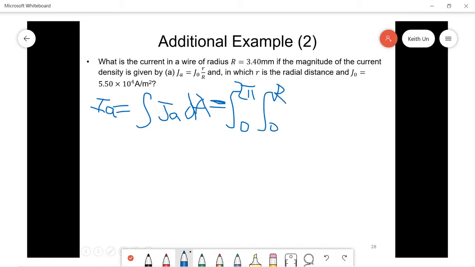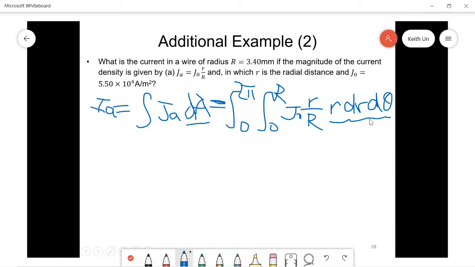And JA is J0 small r over capital R, and dA will be r dr d theta. So this is the area, and we change it into polar coordinates.